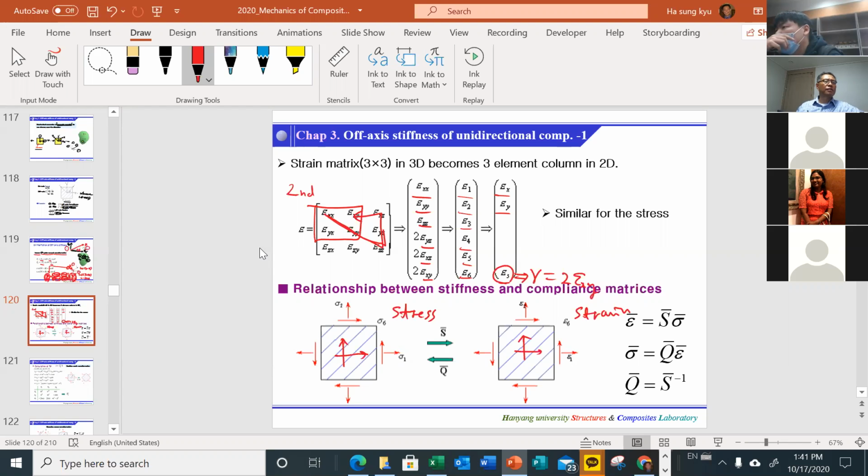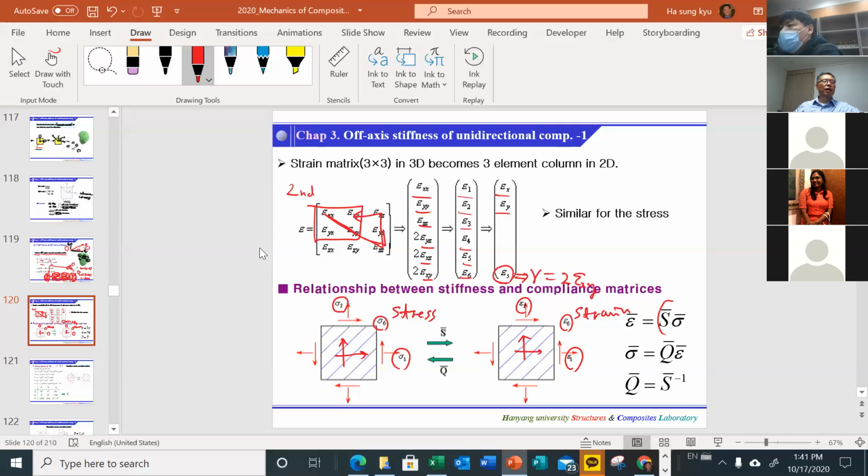The stiffness or compliance matrix is defined for the ob axis: this is the stress sigma 1 and sigma 2, and this is the strain epsilon 1, epsilon 2, and epsilon 6, applied to the ob axis coordinate system.